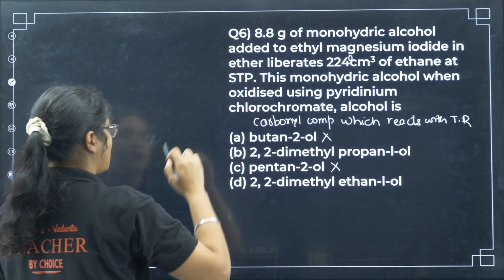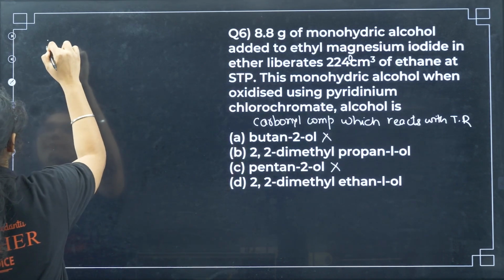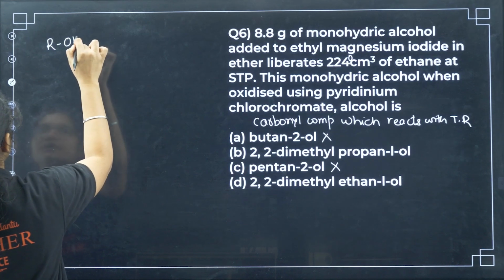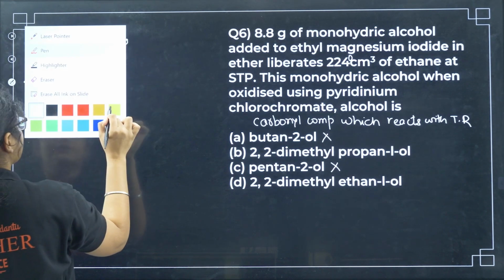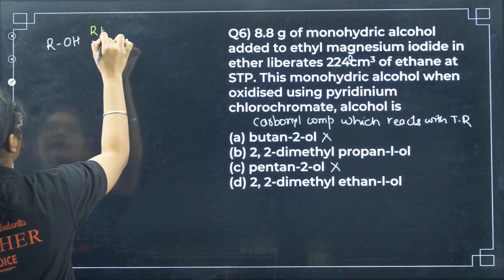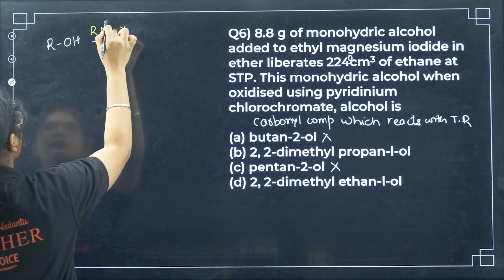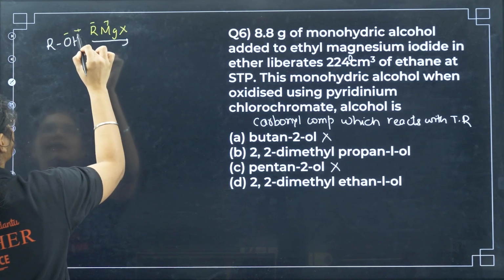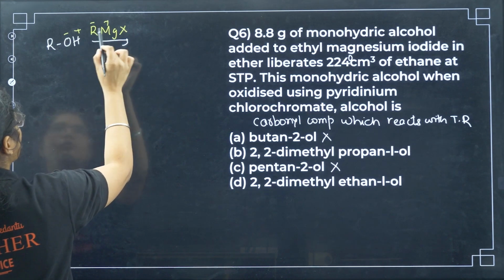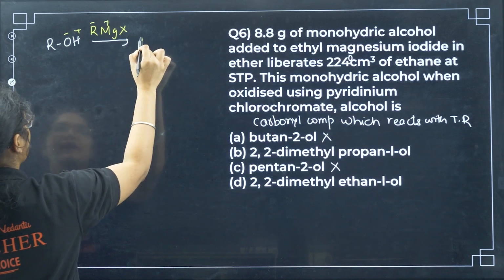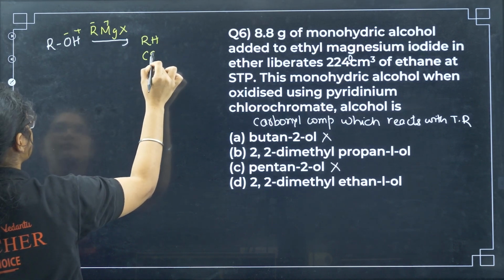Now coming to this part, what basically happens when I have ROH and you react it with Grignard reagent, that is RMgX. So ROMgX is formed and RH is formed, and this RH is nothing but ethane.